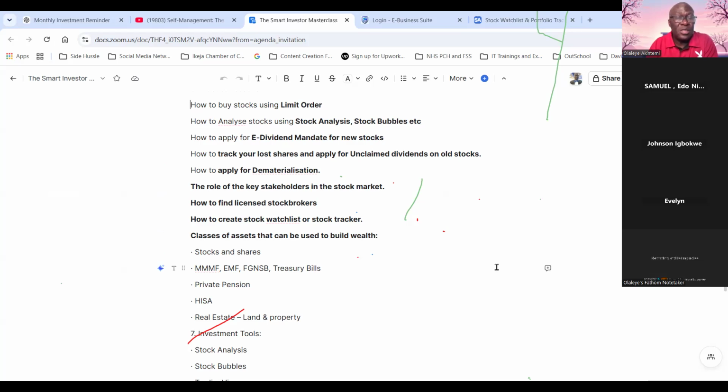But sir, this e-dividend mandate you're talking about, when I bought from Bamboo, I didn't fill it, and I got my dividends straight into my account. I was surprised. I never filled any of the form. Well, I think Bamboo is one of those investment apps that do their things in a unique and different way.